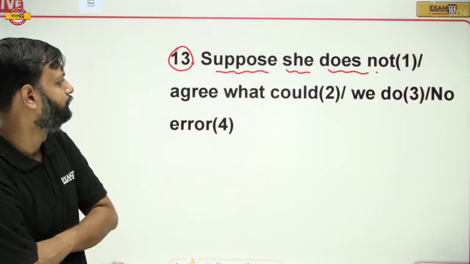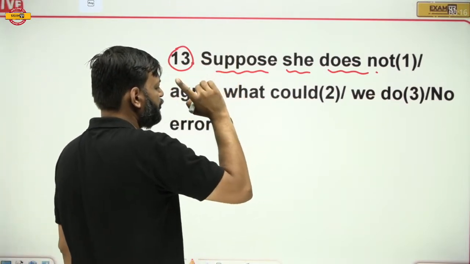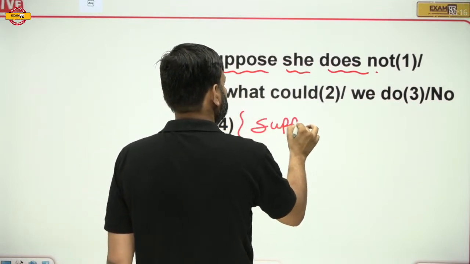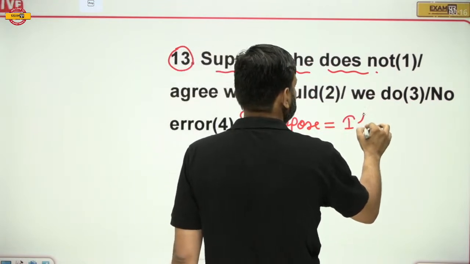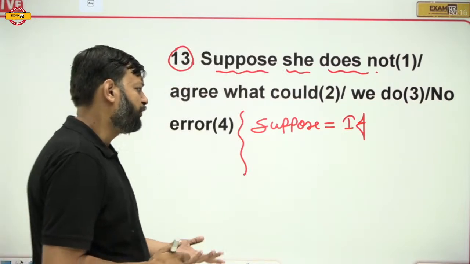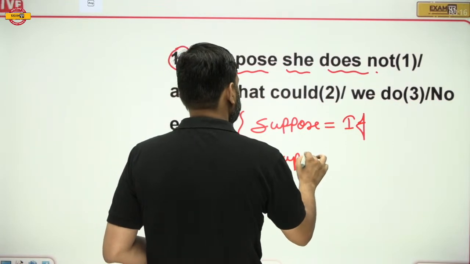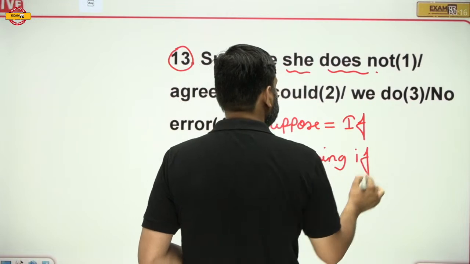See, in this sentence, the very first thing I want you to know is that suppose is equivalent to if. So you may find a question where suppose and if are given together.